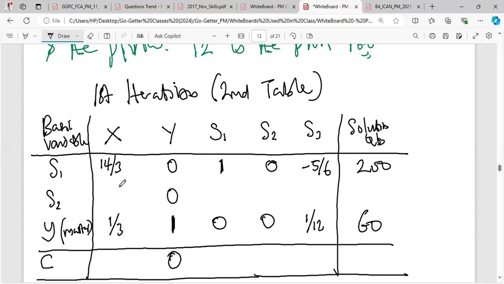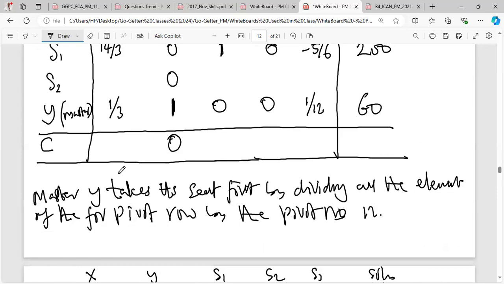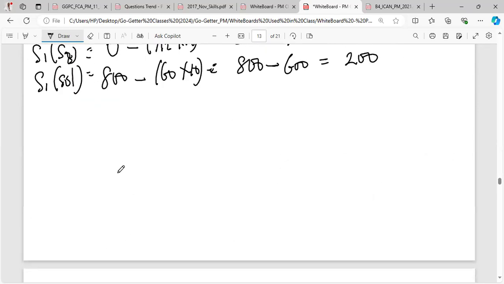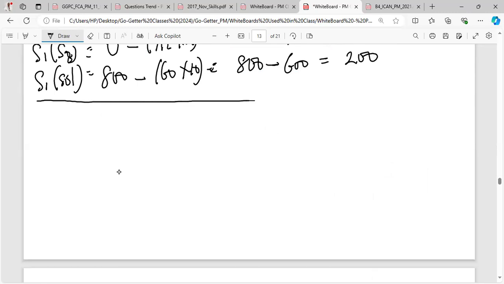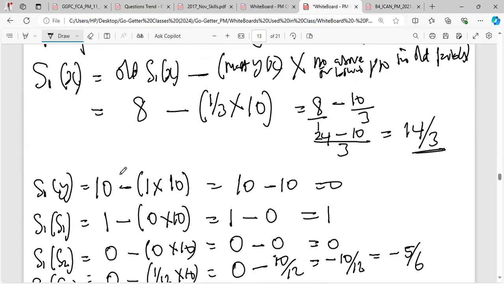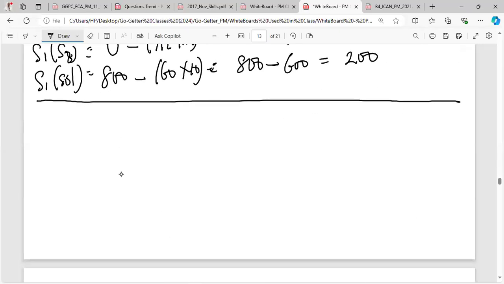So we now turn our attention to S2. We are done with S1. So these are the places we started with S1. So we start with S2.